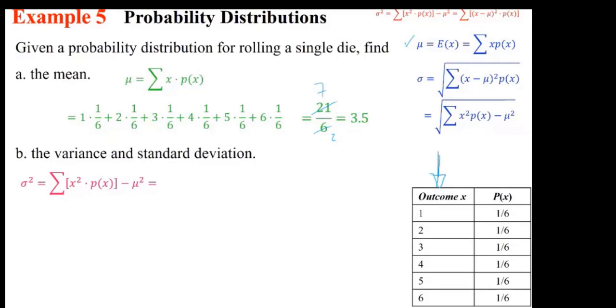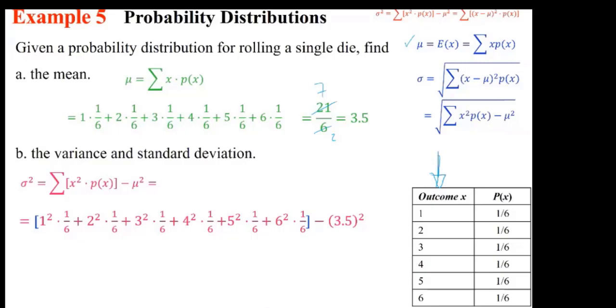You multiply it by p of x, and then you subtract the number that you found in part A squared, which is the mean squared, minus mu squared. This is what the formula does for us.